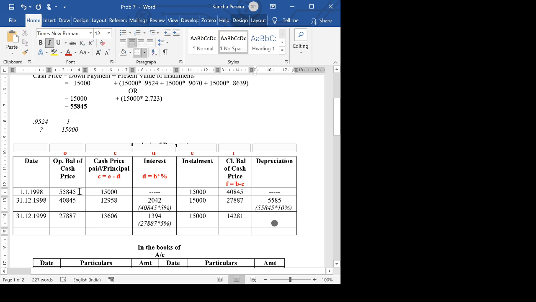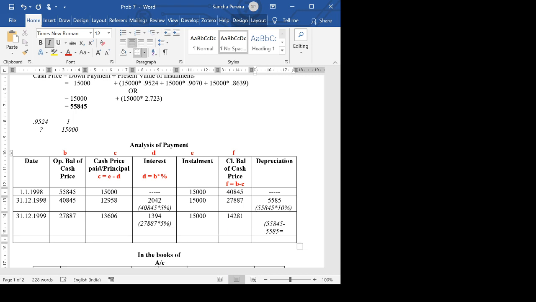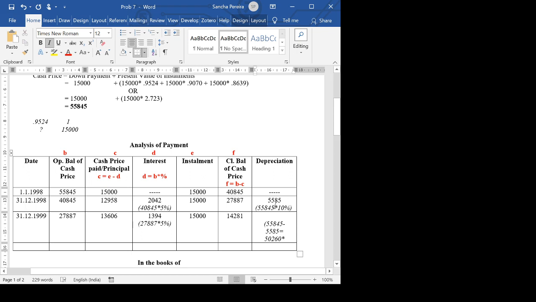What is the original cost? 55,845. 55,845 minus the previous year's depreciation, 5585, you get 50,260. Okay, you get 50,260, and on that you calculate 10%.